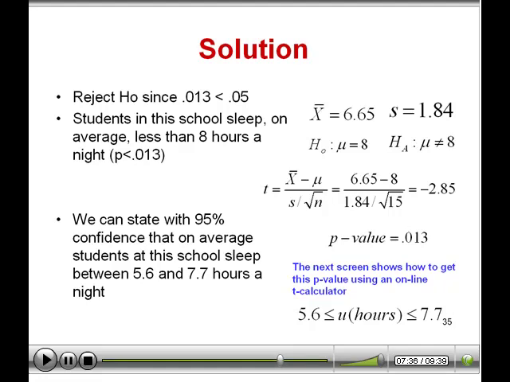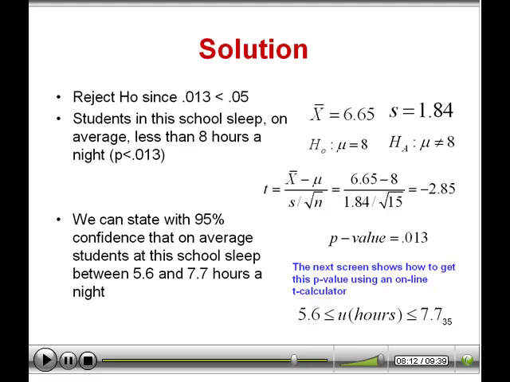This is the p-value. Since p is less than 0.05, we decide to reject the null hypothesis. And since the test statistic is negative, we also decide that the population mean is less than 8. Putting it all together, we conclude that the mean number of hours of sleep that children in this school get each night is less than 8 hours, and we are careful to include the p-value of 0.013.